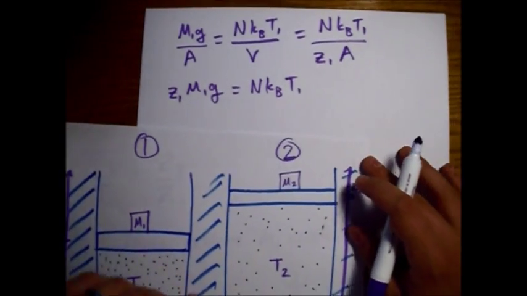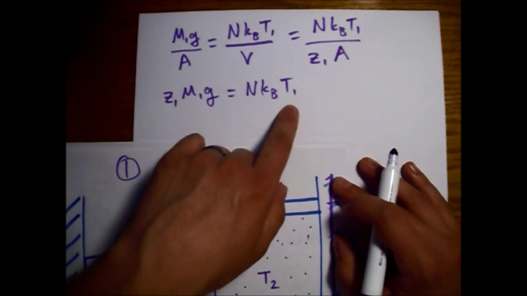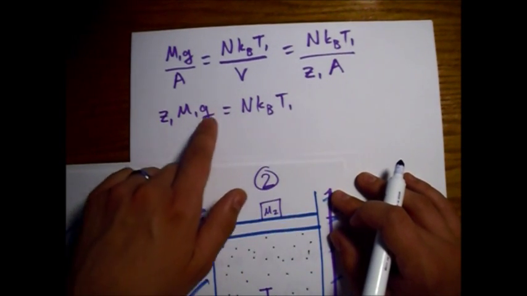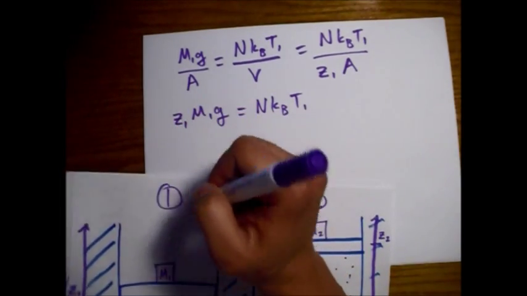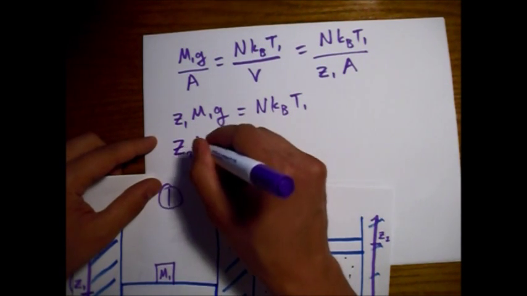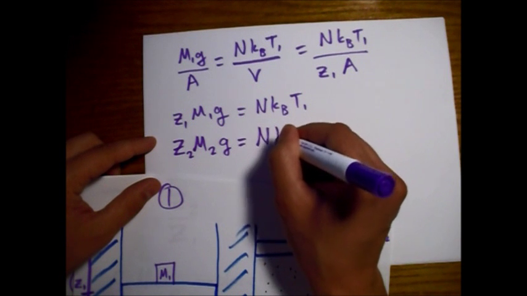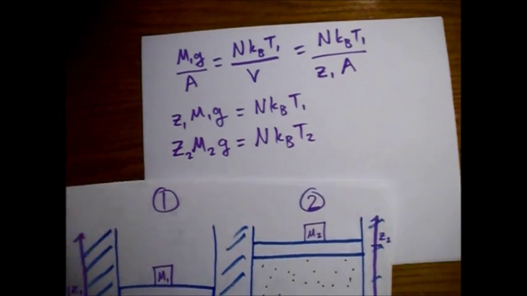We didn't make any specific statements about any of this, so basically we get exactly the same equation here, but with the ones just replaced by 2's. Everything we said was general, so we can just write out our second equation here.